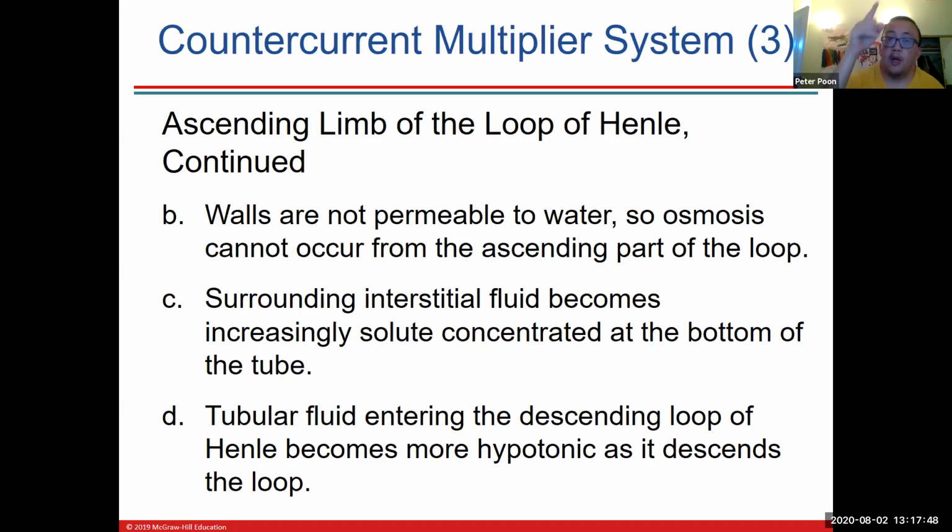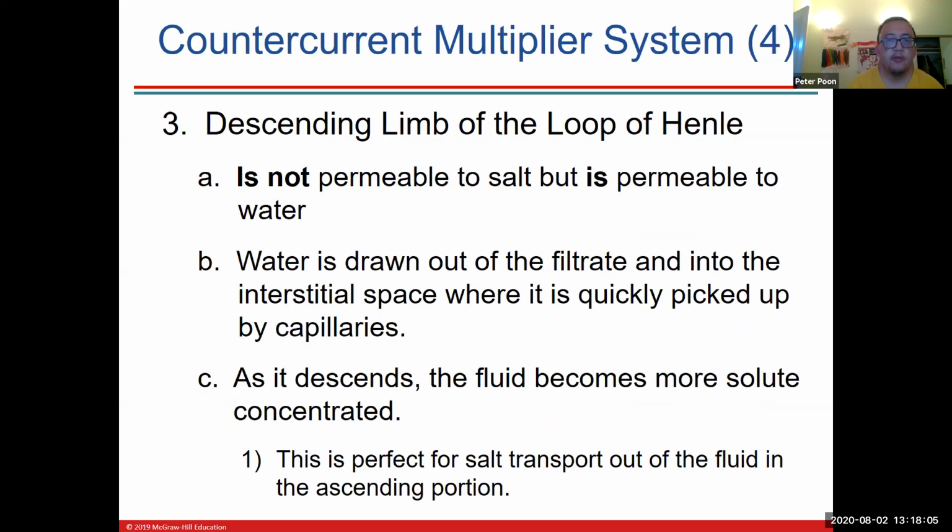So the ascending loop of Henle, the walls are not permeable to water, so the only thing that can be pumped across is salt. The descending loop of Henle is not permeable to salt, but it is permeable to water.